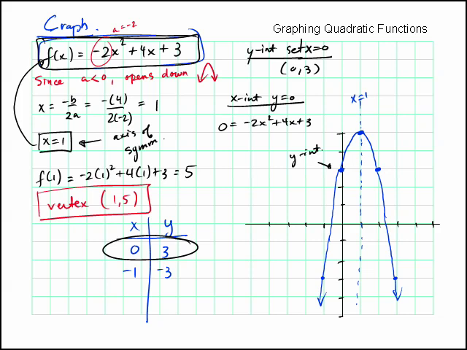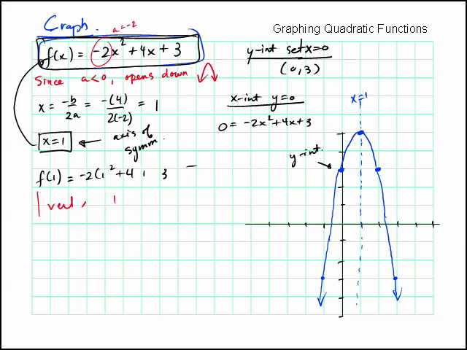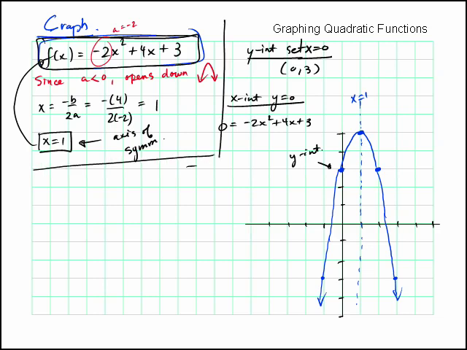So let me make myself some room here. Okay, let me take this equation here, and let me move everything to the left side. I like the x squared term to be positive. 2x squared minus 4x minus 3 equals 0.